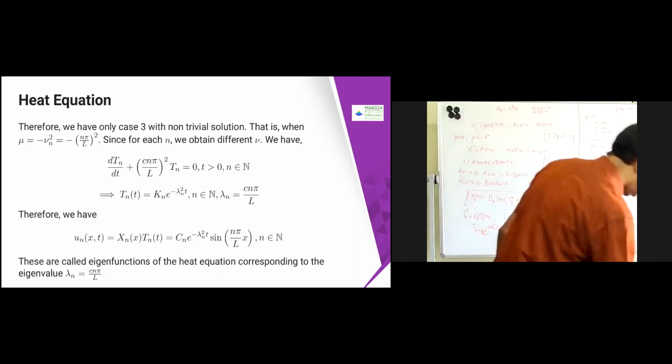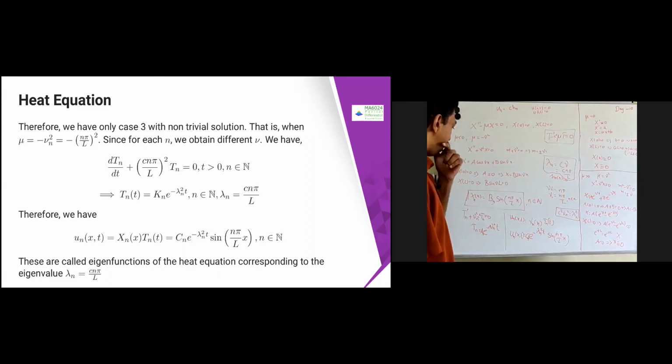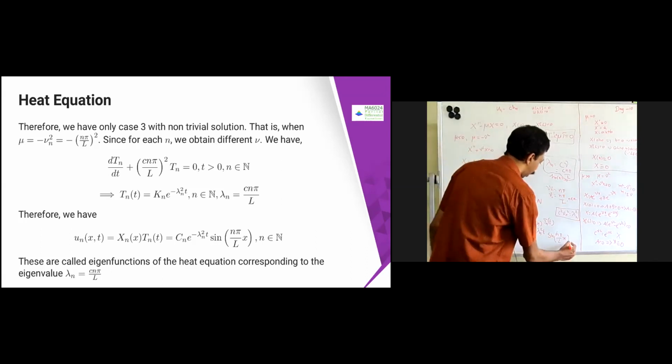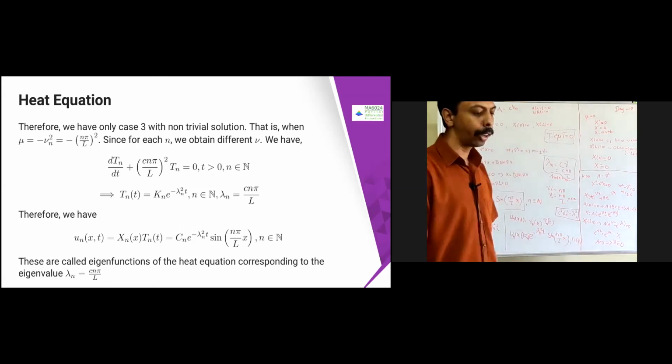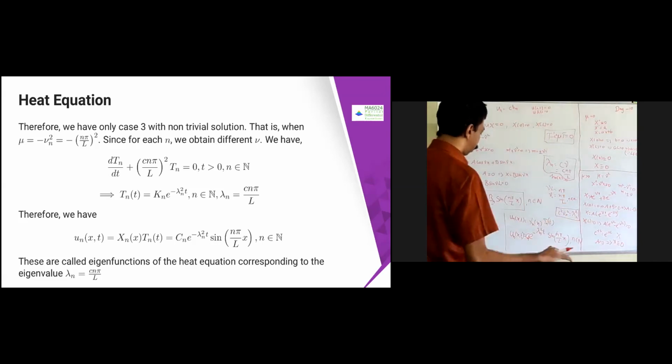Okay, so we found this one. Now we found some solution for each n, for n belongs to the natural numbers. So for each n you have this one. Now you can do the same thing for all infinite number of them.